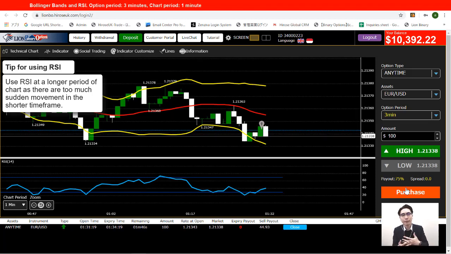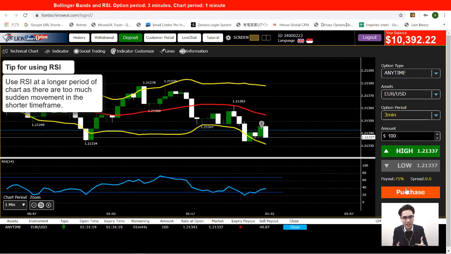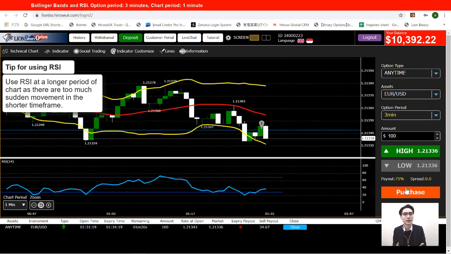So if we use a 10 seconds chart and we use the RSI, then the RSI is going to be really sensitive and going to go up and down, and you might be able to, but it's really hard for you to identify the moment to open a trade.